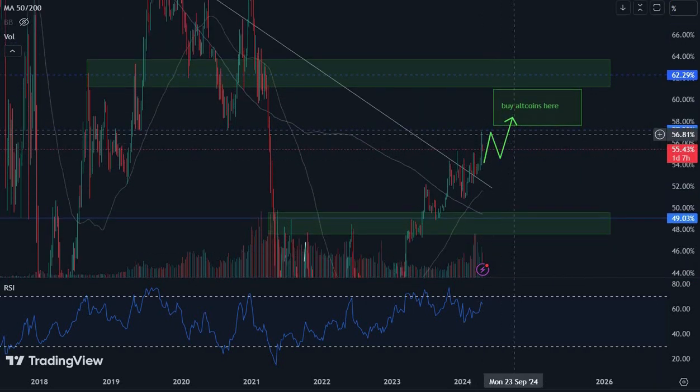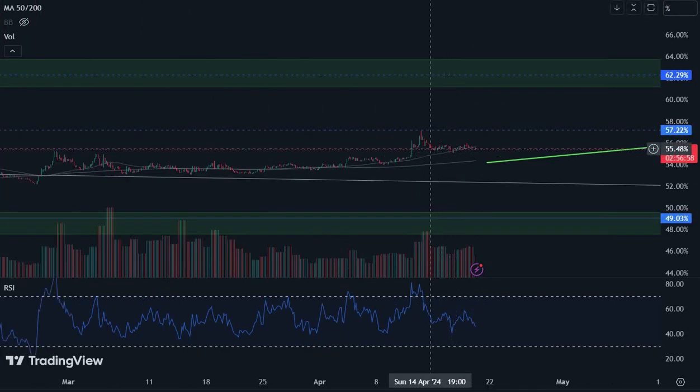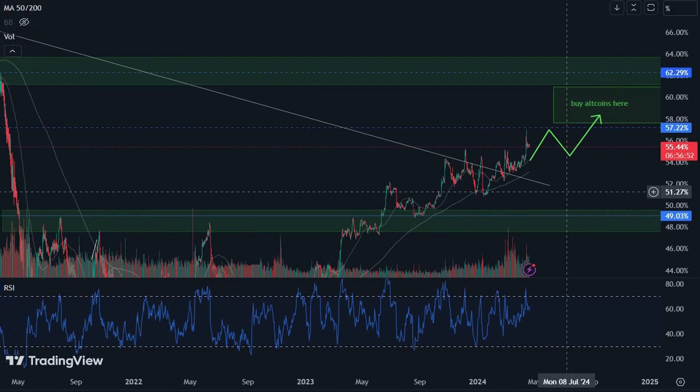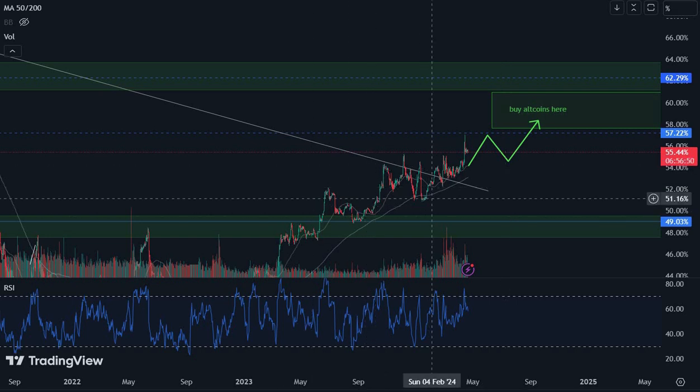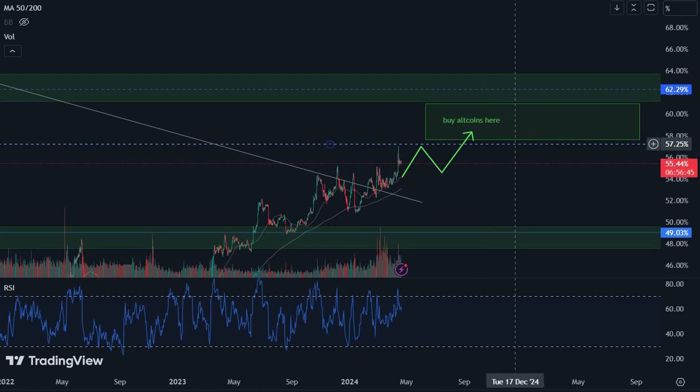Look guys, I predicted 57 right here and a little retracement. So we actually tapped that level and we bounced back perfectly. This is exactly what I drew weeks ago on this chart. So I'm really happy we broke this ascending triangle. And I told you guys from 57 to 62 will be the top.